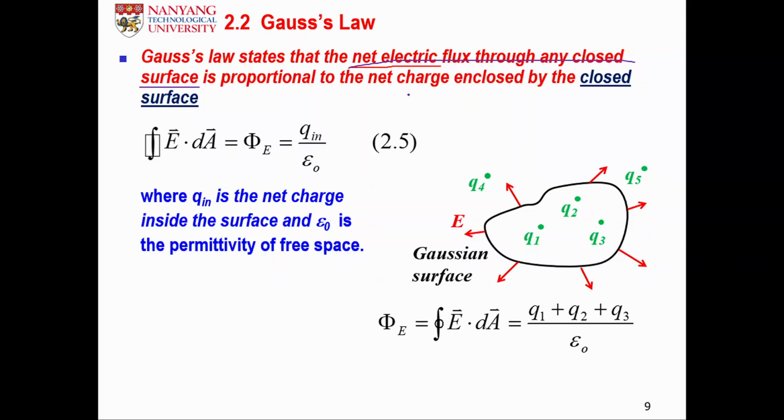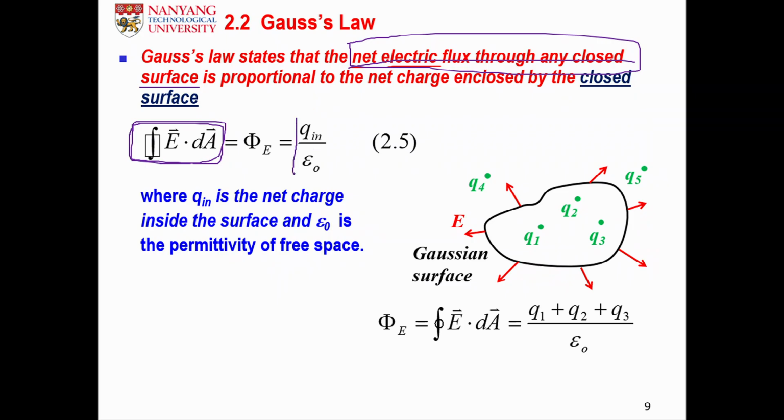And if we put this into a formula, first of all, this is the net electrical flux through any closed surface. And this one is proportional to the net charge inside.